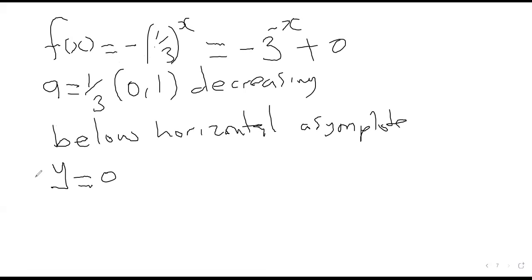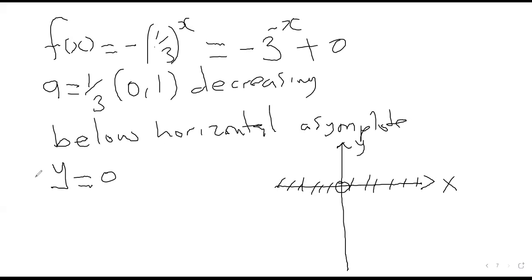So if we are to sketch this, something like this, that is our x and that is our y. So that is the equation of our asymptote, which is y equals to 0.